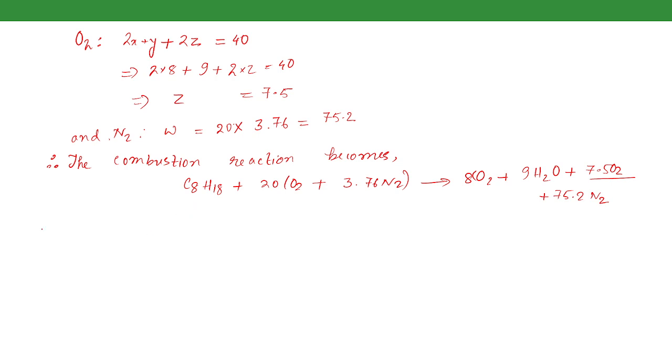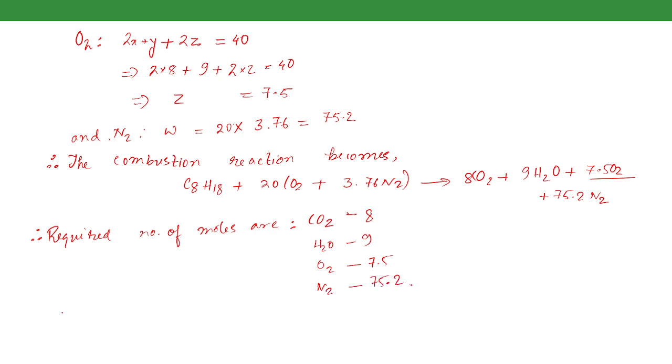Therefore the required number of moles in the product are carbon dioxide 8, water 9, oxygen 7.5 and nitrogen 75.2.